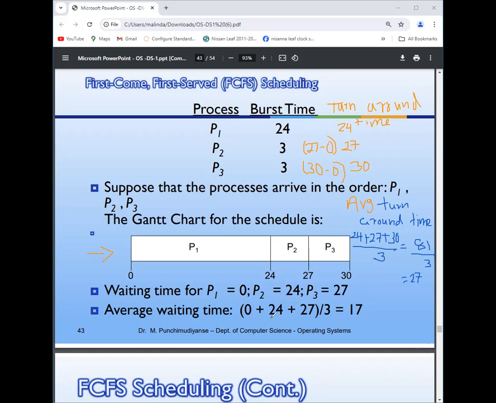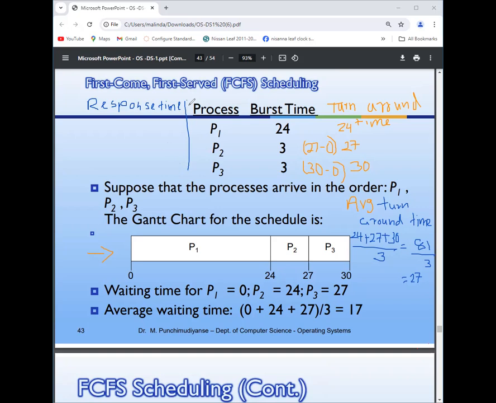Now the next calculation you need to know is the response time. Let me first tell the definition of response time. Response time is from the admission to the queue until you get the first CPU time.